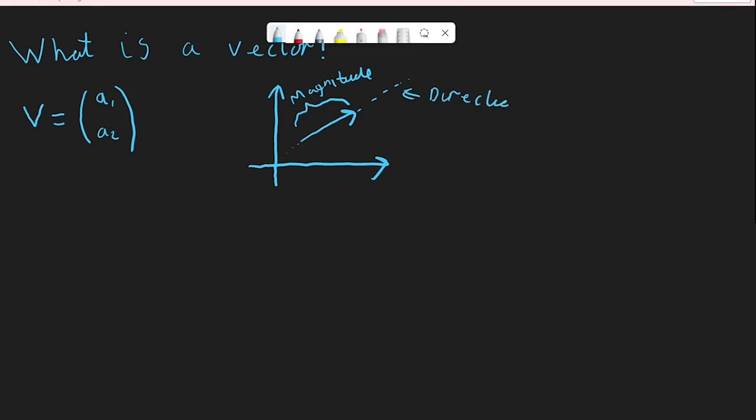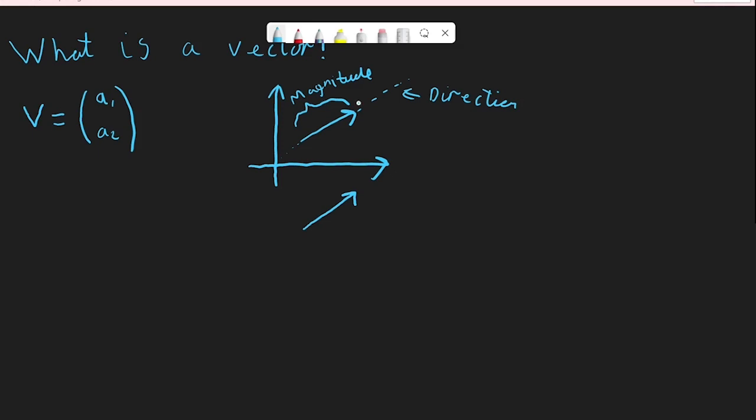So we know that when we have a vector, we have a magnitude and a direction. So if I placed a vector with the same direction and the same length further below or anywhere else, it would be the same vector because we don't know where it is. We just know it has a magnitude and a direction.